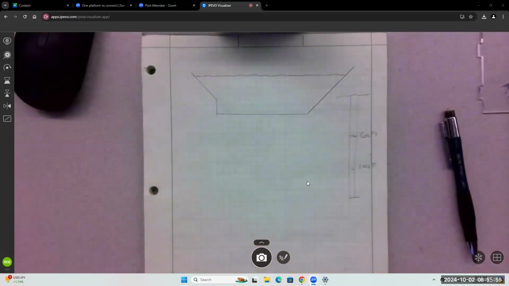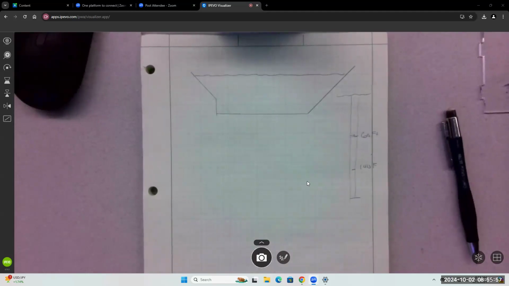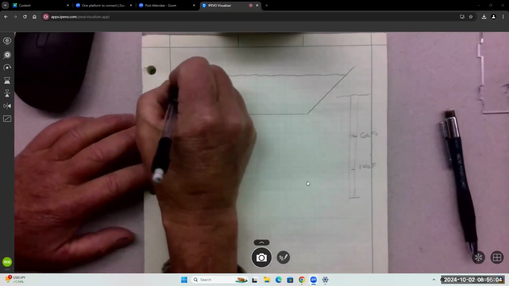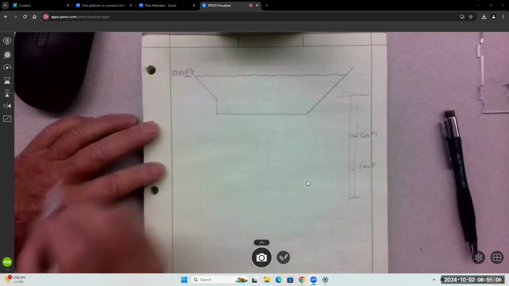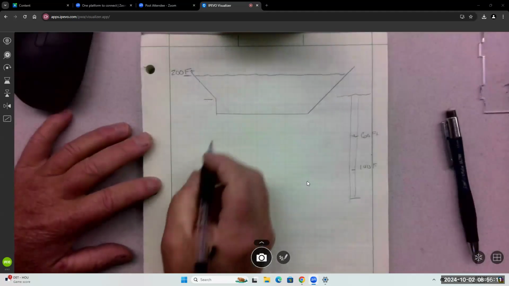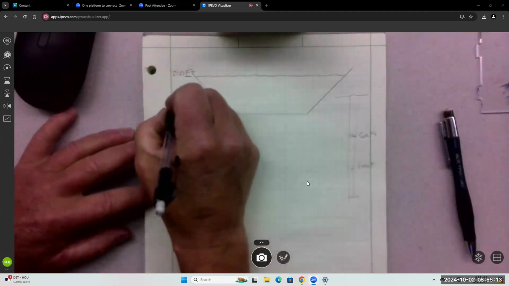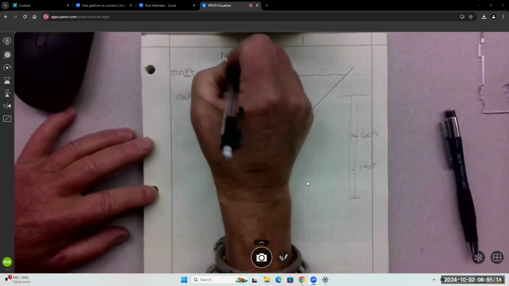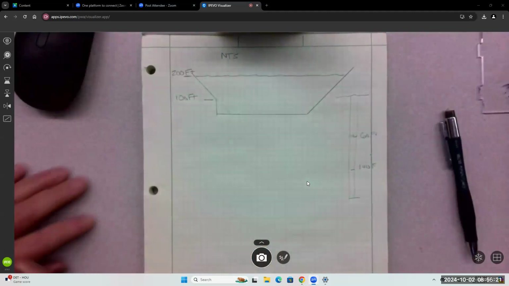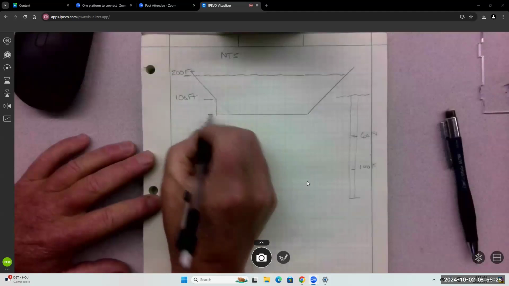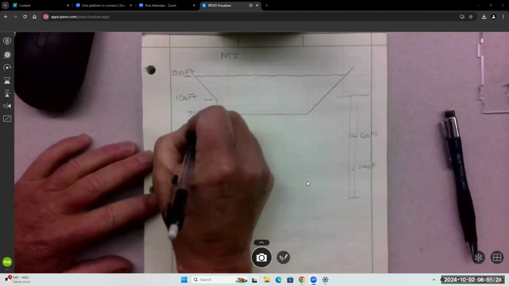Okay, here's an example problem, because we're gonna talk about hydrostatic force some more. So we're gonna talk elevations. This is 200 feet at the surface. At the top of this is 100 feet, and this is not to scale. And then at the bottom of this is 70 feet.